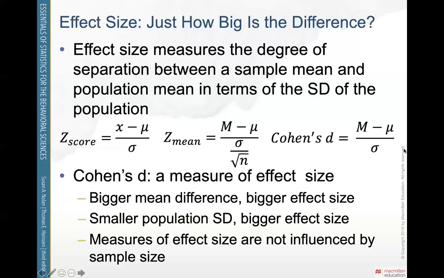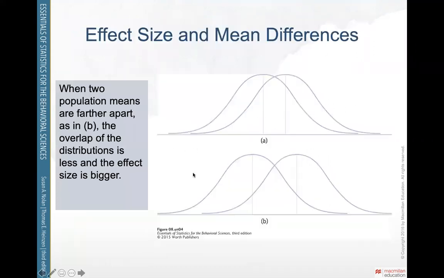For Cohen's d, there is no square root of n in the denominator, so the sample size has no influence on the magnitude of Cohen's d. I'll show you that with a mathematical example in a second. But that reinforces this idea: measures of effect size like Cohen's d are not influenced by sample size, whereas the Z-score for Z-mean most certainly is influenced by sample size.